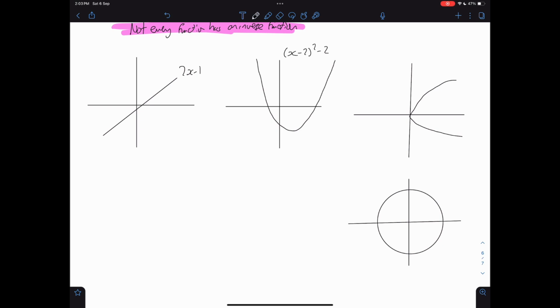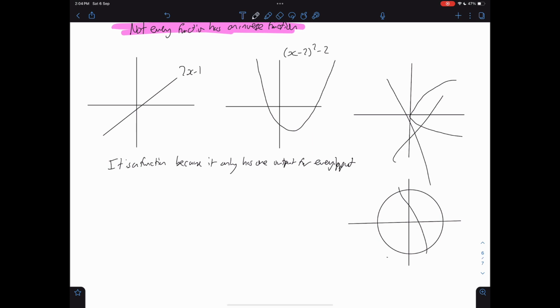And we talked about which ones were functions and which were not. These were functions because they passed the vertical line test. If you had to answer that in an exam, you'd say it is a function because it only has one output for every input. And then these weren't functions.